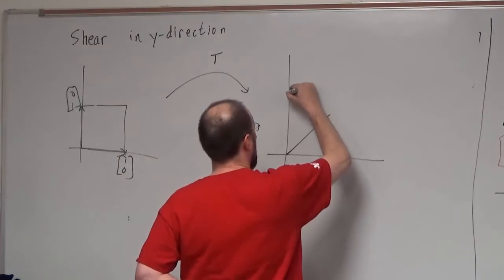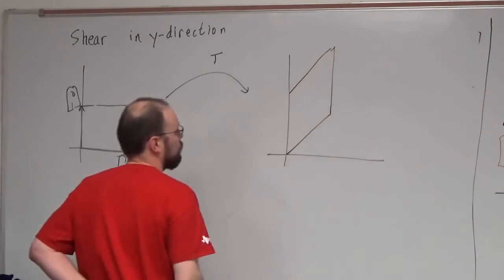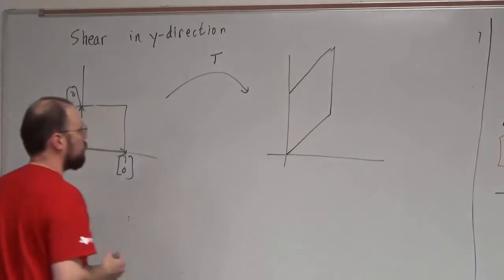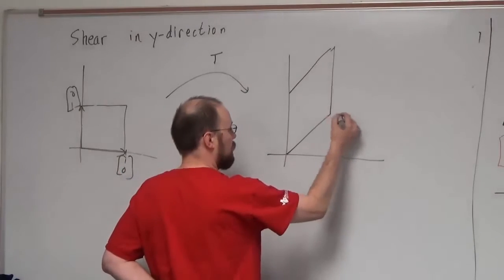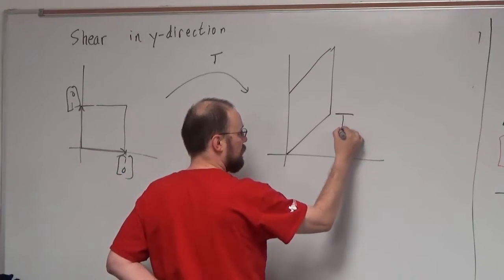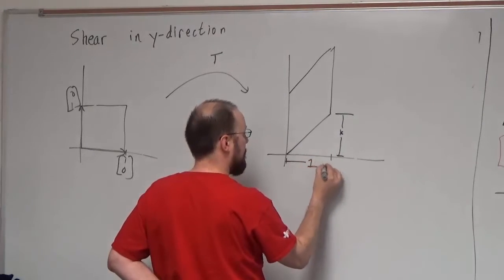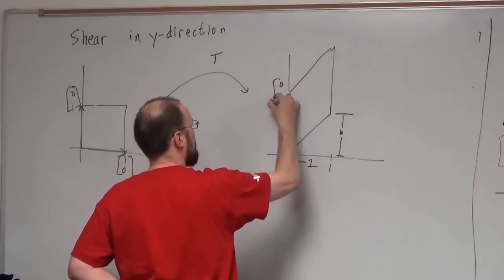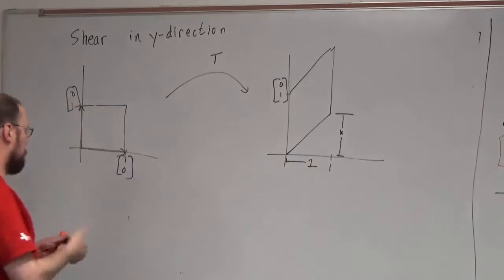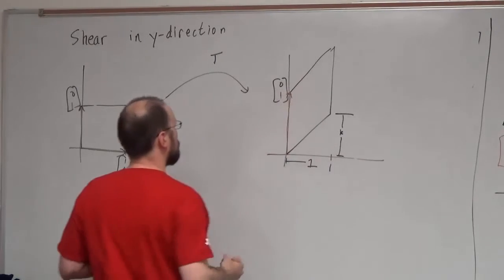By, say, amount k. So this would be k. This is still 1. Still 1.